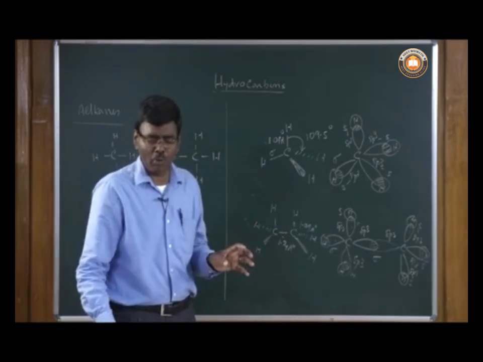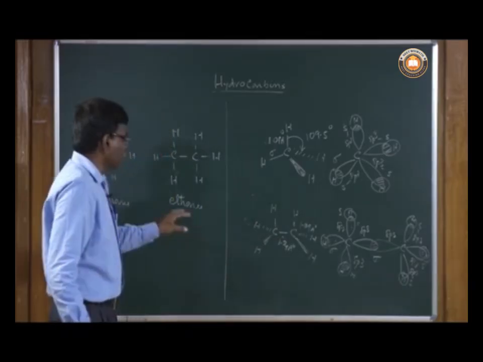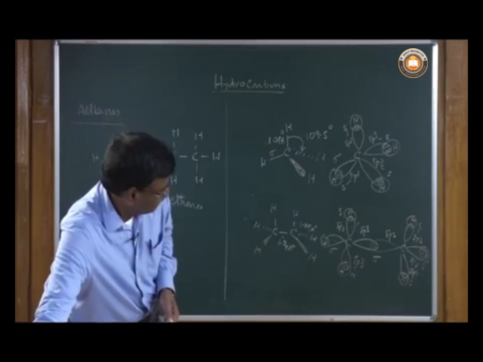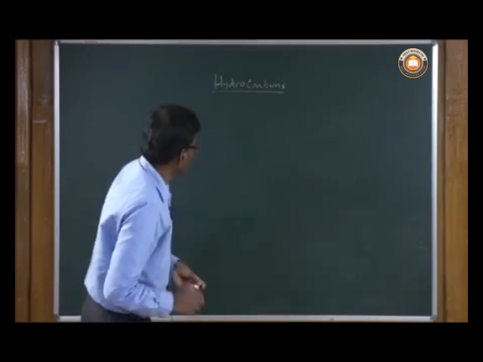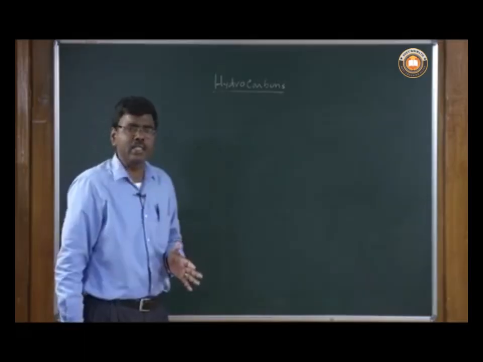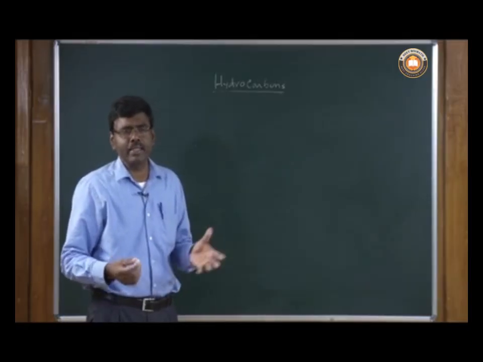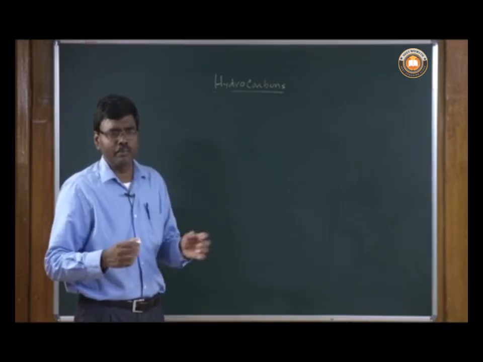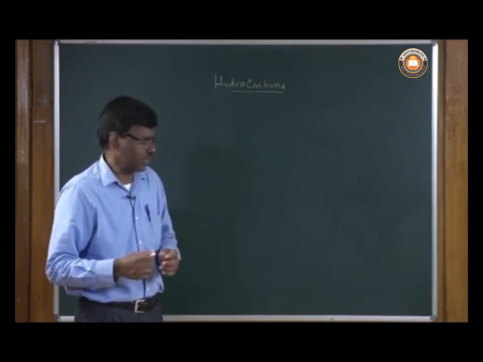This is the structure and bonding of methane and ethane. You can go on like this for other alkanes. We have just seen that methane and ethane have tetrahedral geometry, and they have carbon-carbon and carbon-hydrogen sigma bonds.